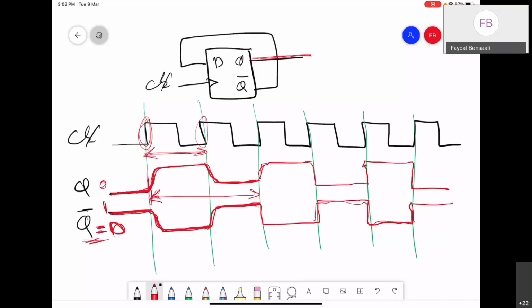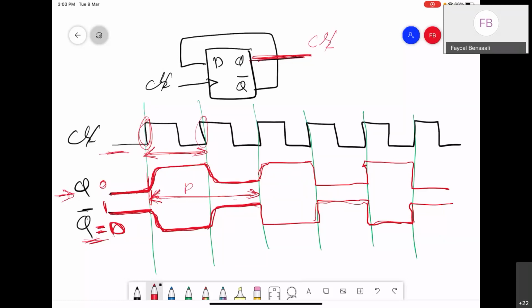Because of this Q, I can use it as a clock with half of the frequency, because the period is double, which means the frequency is half. If I ask you what the frequency for Q is, it is 1 over the period here, which will be half the frequency of this clock.